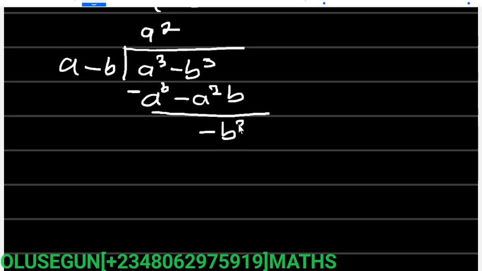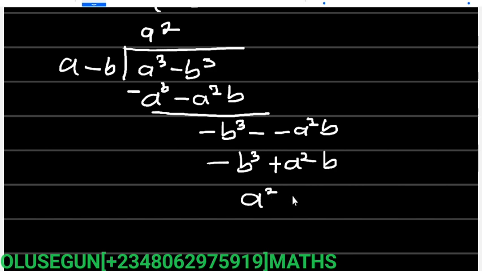Minus b raised to power 3 minus minus a squared b. So to give you minus b raised to power 3 plus a squared b. But what next that you are going to do, you will rearrange it to be easy to divide, to have a squared b minus b raised to power 3.